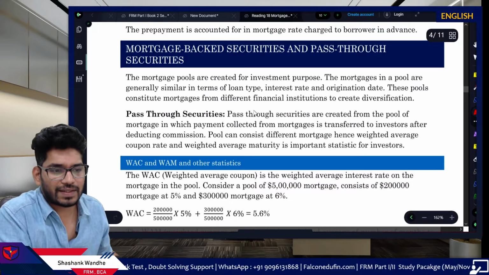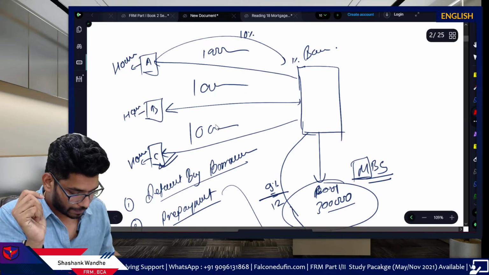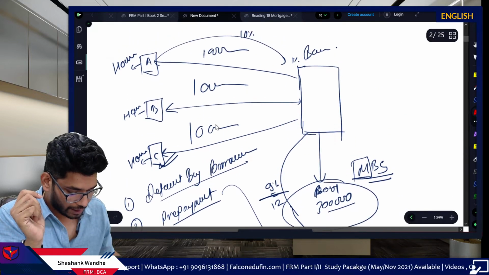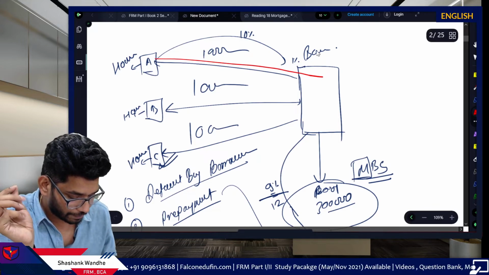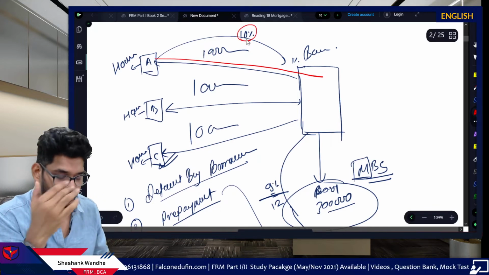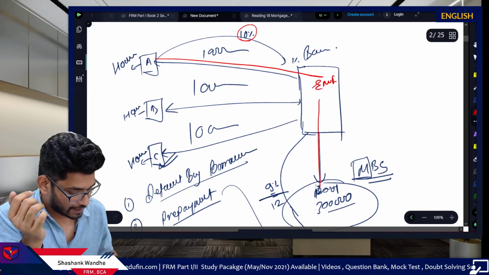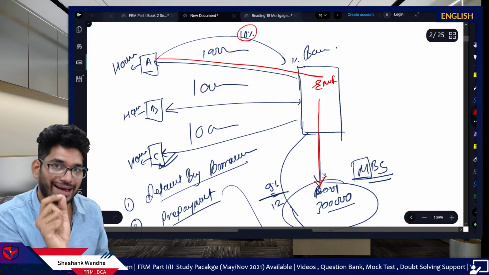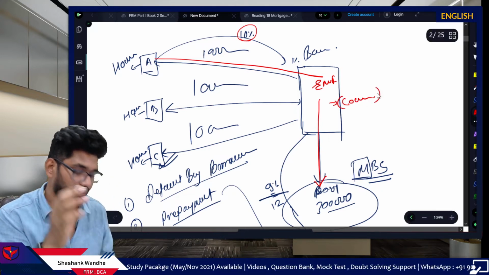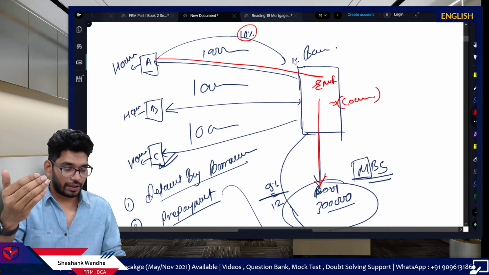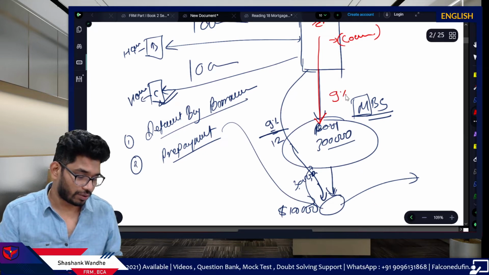So next is the pass-through securities. We discussed the MBS. If the bank collects funds here, that is EMIs, the bank collects EMIs and transfers them as they are after slicing the commission, that is, take 10%, reduce 1% as commission and transfer 9% to this investor.